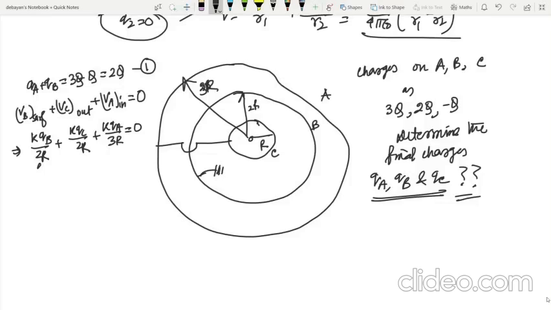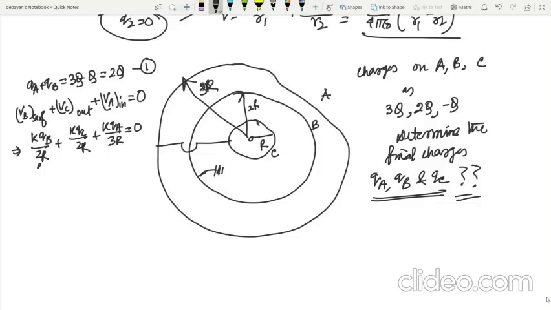And if we equate, that is KQA by 3R plus KQB by 3R plus KQC by 3R, and for this is KQC by R, KQB by 4 and KQA by 3R. And if we solve it, that is QA by 3, QB by 3, QC by 3, and that is QC plus QB by 2 plus QA by 3.